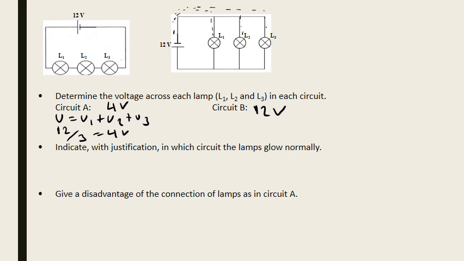Indicate with justification in which circuit the lamp glows normally. Now, each of these lamps are receiving 4 volts, but to glow normally, they need 12 volts. So here they are glowing dimly. With circuit B, each is receiving 12 volts, and to glow normally they need 12 volts.